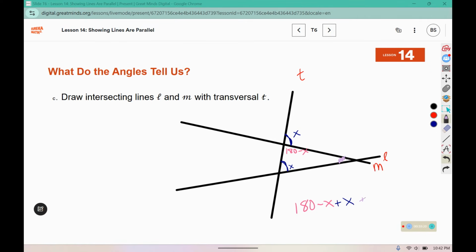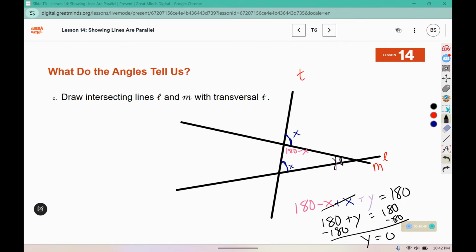We'll call that one y. And all that has to equal 180. Well, if I subtract x and I add x, those are gone. So I have 180 plus y equals 180. Well, that means that this extra angle over here has to be 0 degrees.